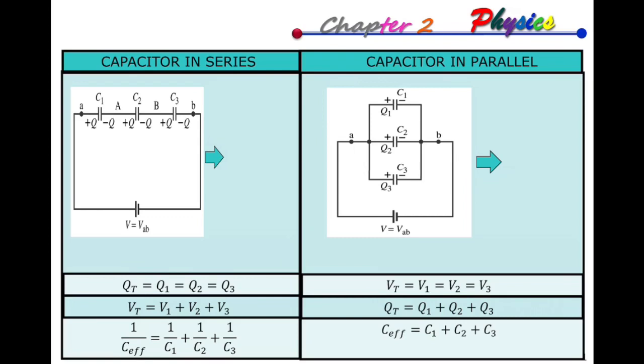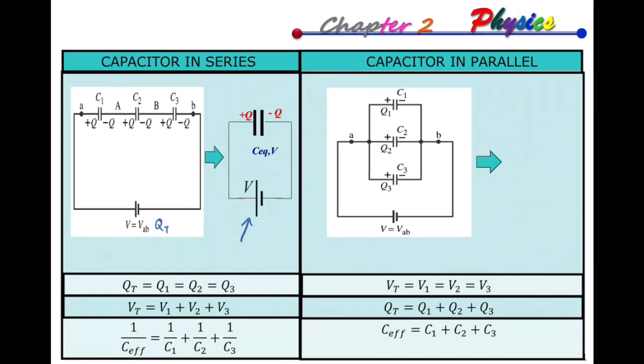We will have 3 capacitors which are connected in series, and it is connected to a battery which will supply voltage V. And this circuit can also be equivalent to this diagram here, in which the total capacitors combined will be equal to C equivalent or C effective, and then the voltage supply will be equal to the total voltage for the circuit.